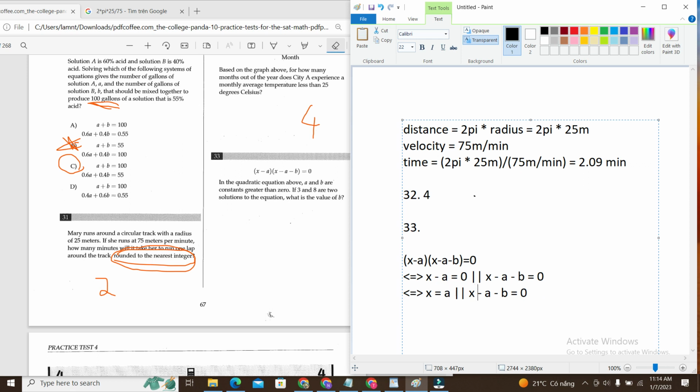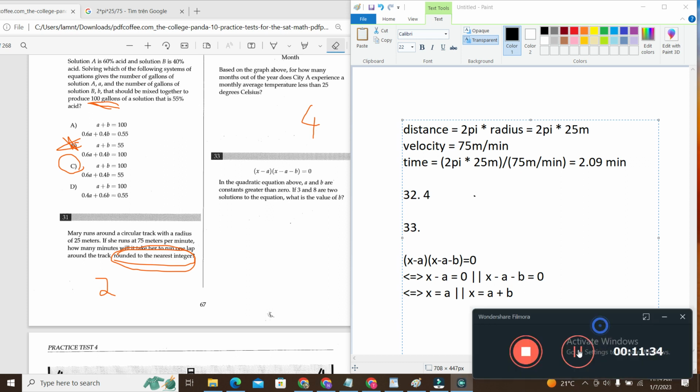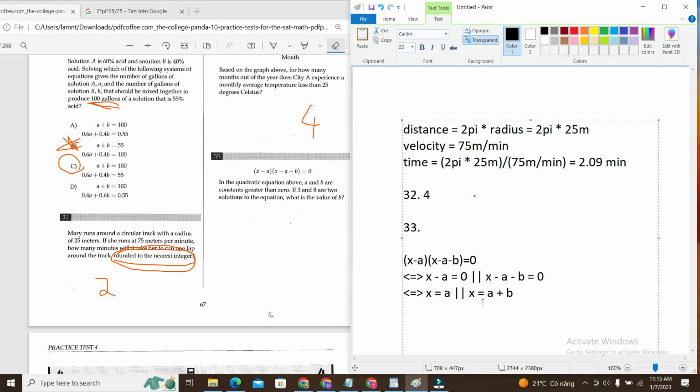On the second term, x is equal to a plus b. So in this equation, it's either x equals a or x equals a plus b. And we remember a is bigger than 0 and b is also bigger than 0.